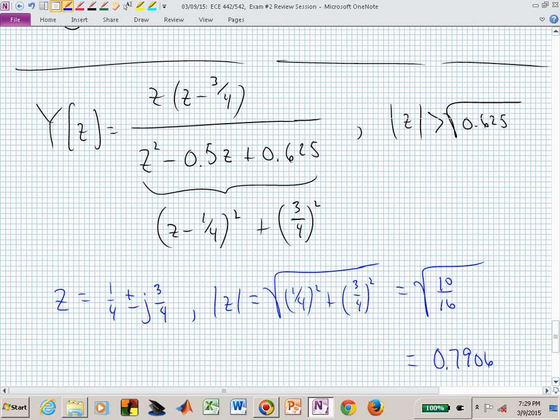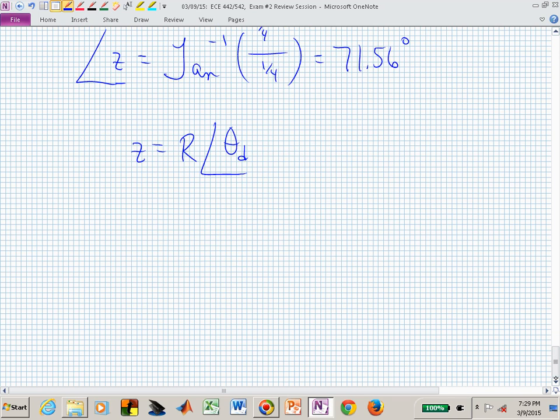It's an exponentially damped sine and cosine, isn't it? It's damped because your magnitude is less than 1, and the frequency is related to this imaginary piece.